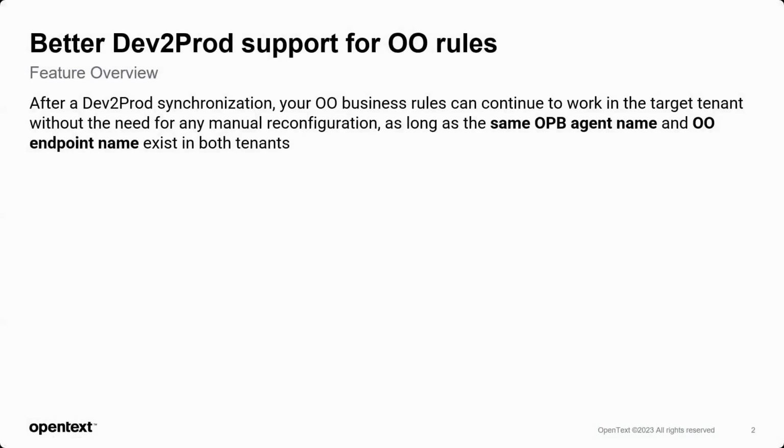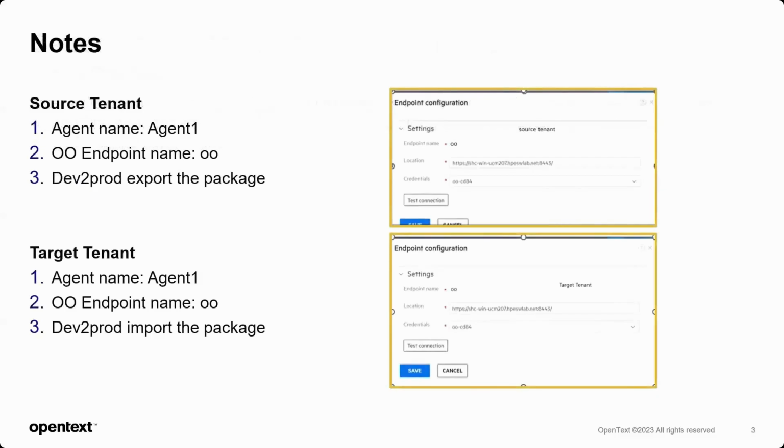In 23.4 release, after a dev to product synchronization, your OO business rules can continue to work in the target tenant without the need of any manual reconfiguration, as long as the same OPB agent name and same OO endpoint name. So the key point is make sure the agent name and OO endpoint name are exactly the same in the source and target tenant.